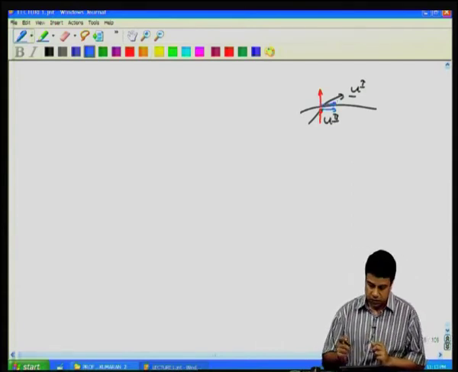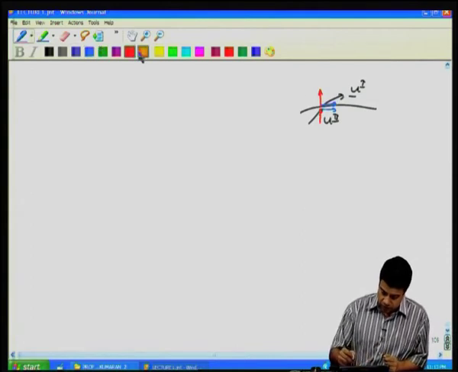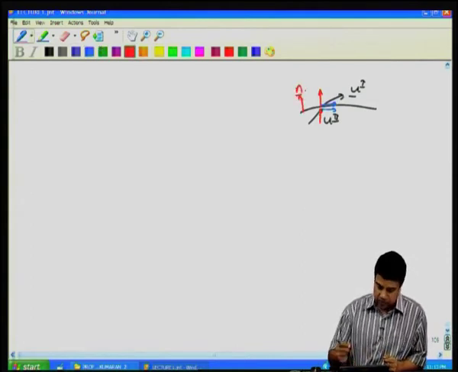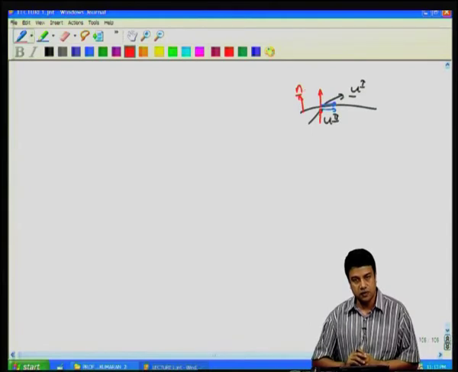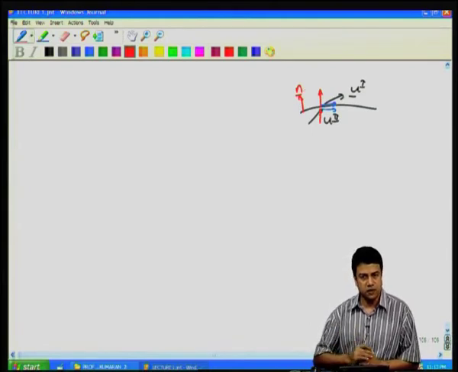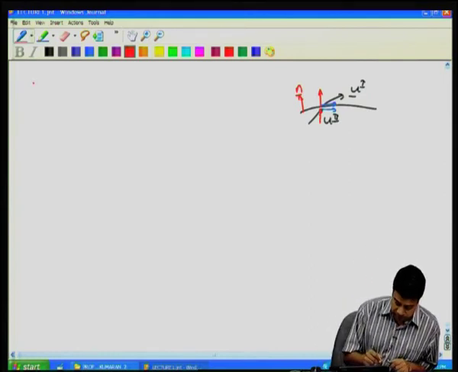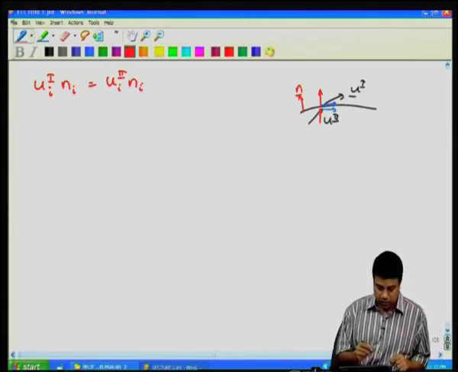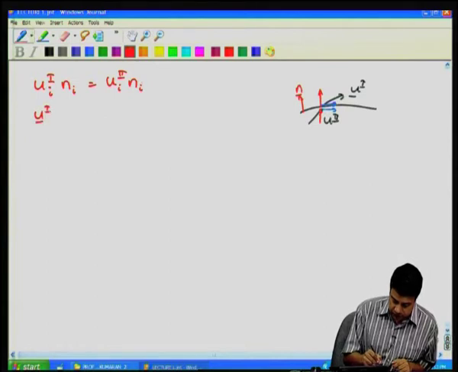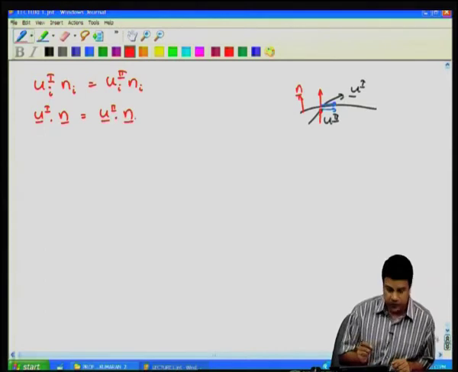So, now you can define the unit normal to the surface as n. N is in general the unit normal to the surface going from one fluid to the other. So, if the velocities are equal, that means that the normal components are equal. That means that u1i ni is equal to u2i ni. Or alternatively in vector notation, u1 dot n is equal to u2 dot n.